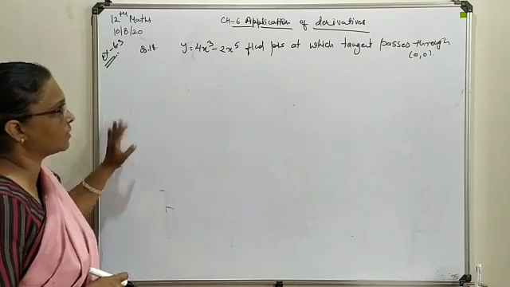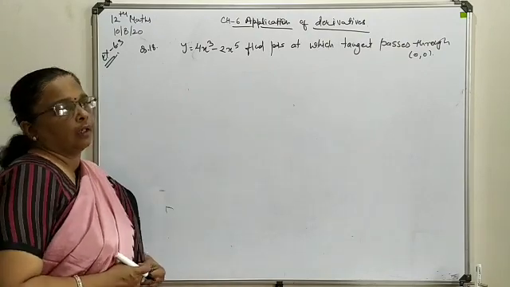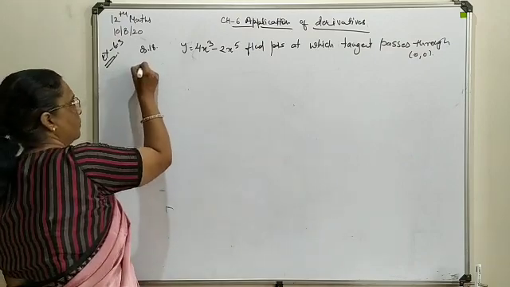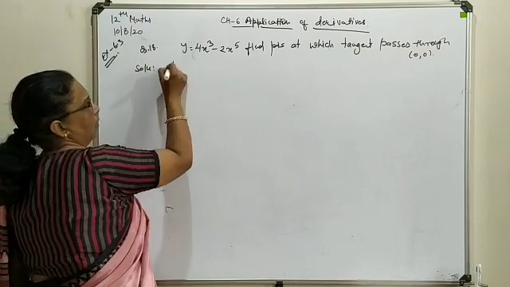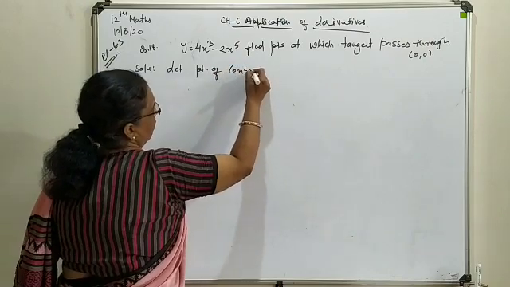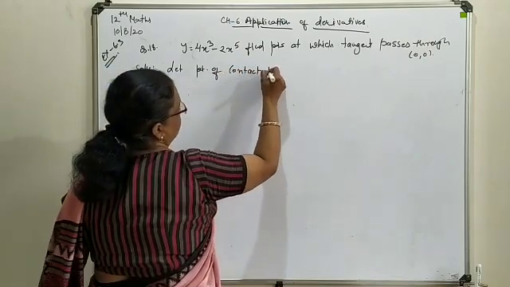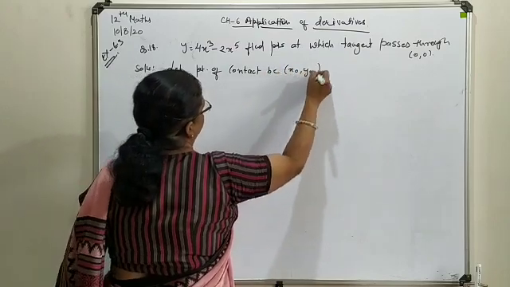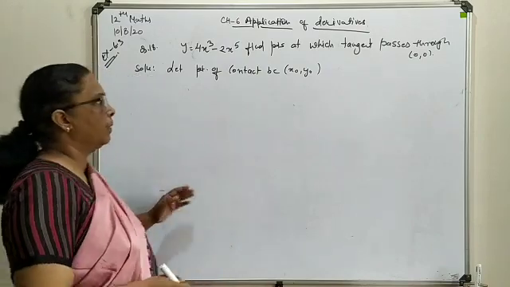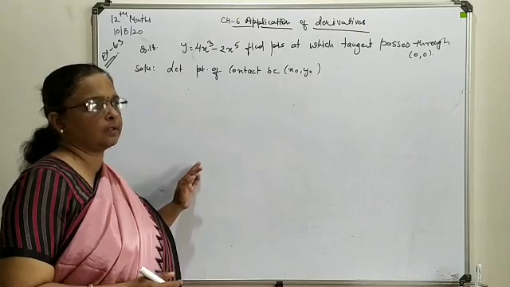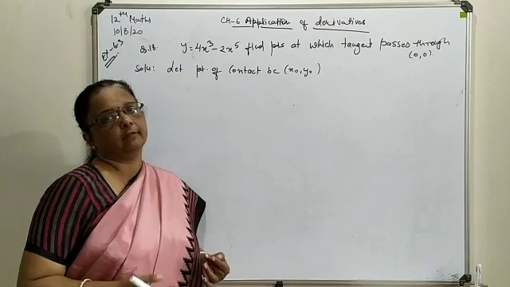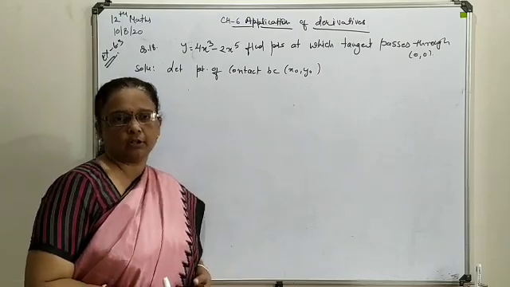So let's start first with the evaluation of the slope of a tangent at a certain point. Let the point of contact be (x0, y0), meaning at this point we are going to find the equation of the tangent. It will satisfy the curve also, because obviously when you find the tangent, that point should lie on the curve, then only you can define the tangent, otherwise it is not possible.